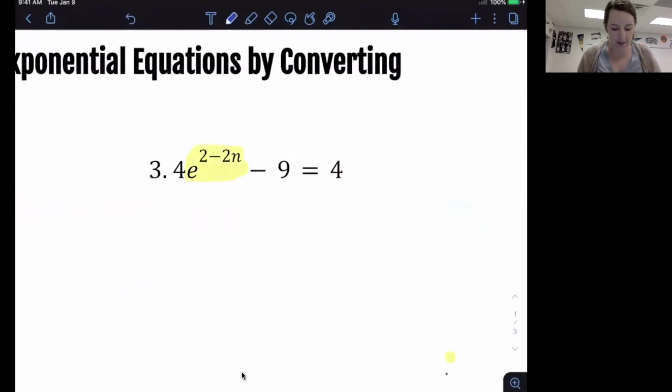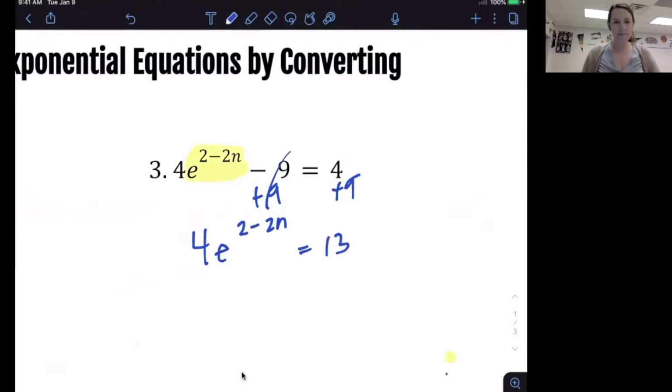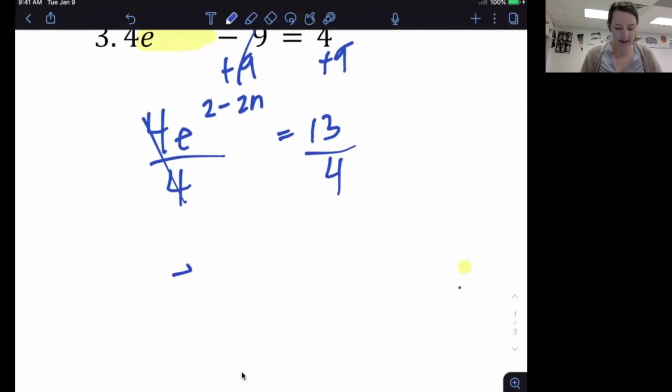So I'm going to start by adding 9 to both sides. So I have 4 times e to the 2 minus 2n power equals 13. We're going to divide both sides by 4. And I'm just going to leave that as 13 over 4. That's fine. So I've got e to the 2 minus 2n power equals 13 fourths.